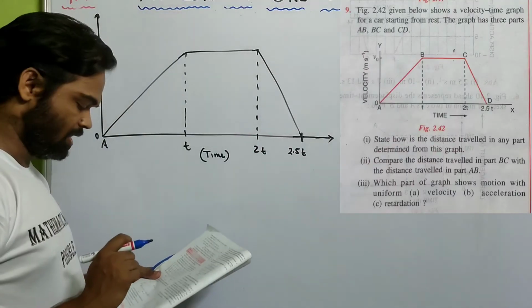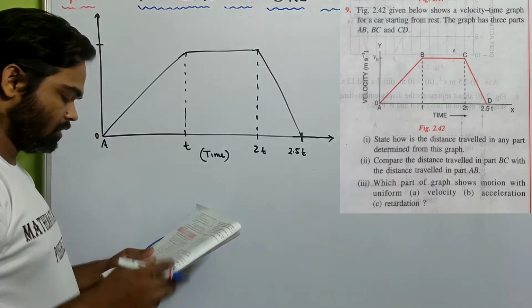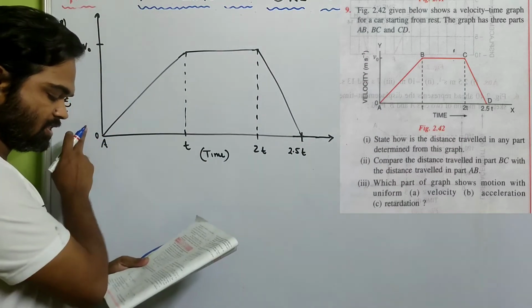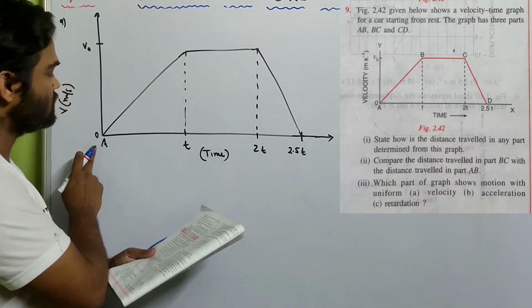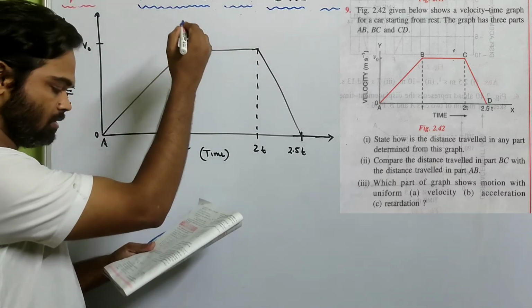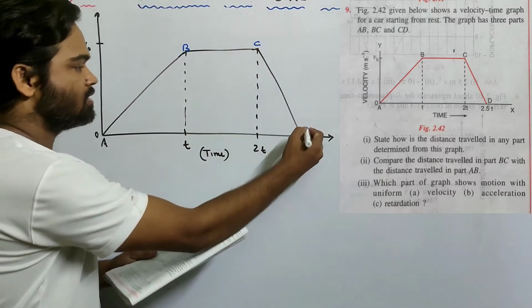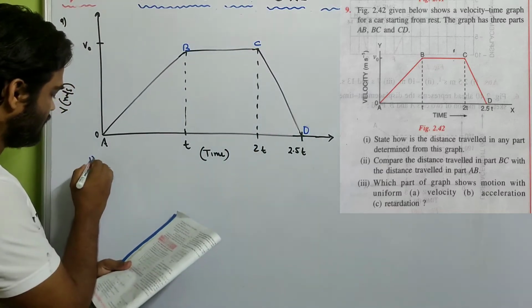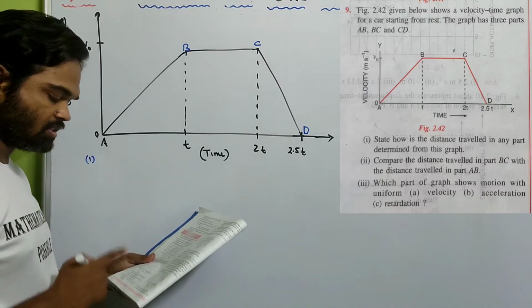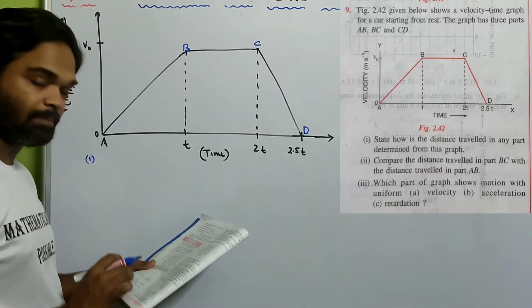Now look at number 9. The figure shows a velocity time graph for a car starting from rest. The graph has 3 parts: AB, BC and CD. Number 1. State how the distance traveled in any part is determined from this graph.